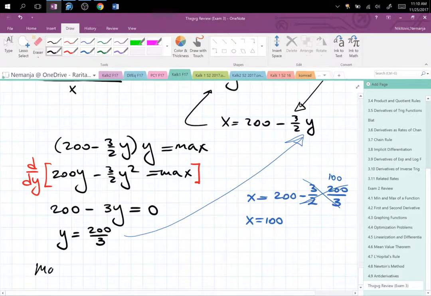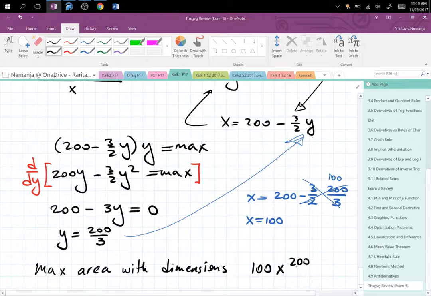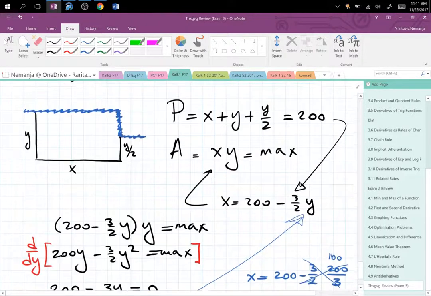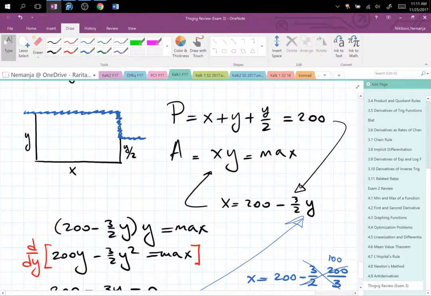So max area obtained with dimensions 100 by 200 over 3 yards. So X is 100 yards. So the farmer is going to go and calculate from the existing fence 100 yards this way, right?